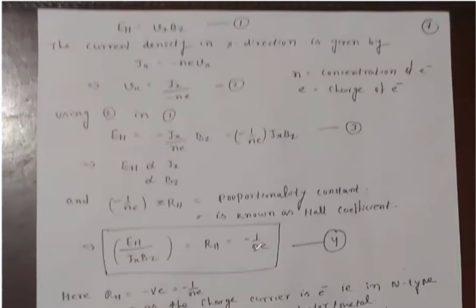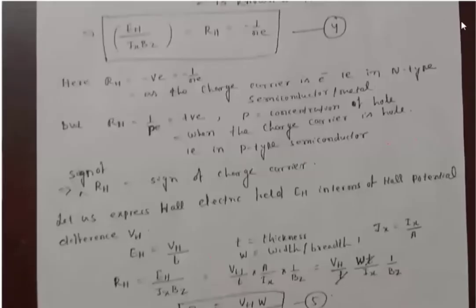So RH is negative as we are getting minus 1 by ne. The negative sign basically is coming because of the negative charge of the electron.